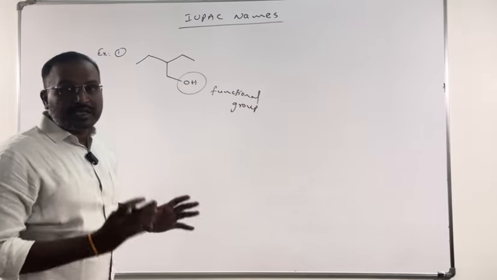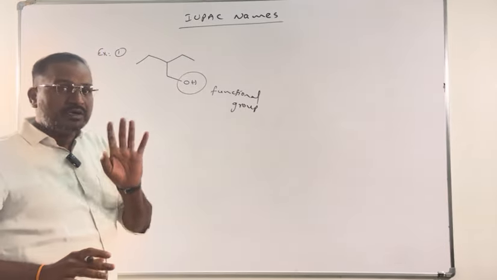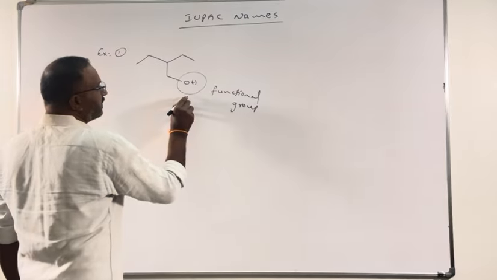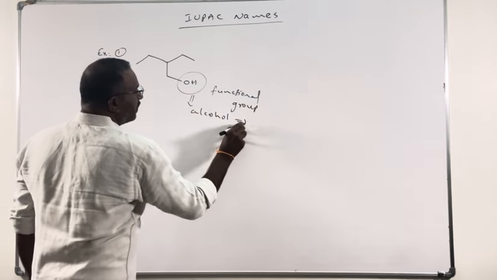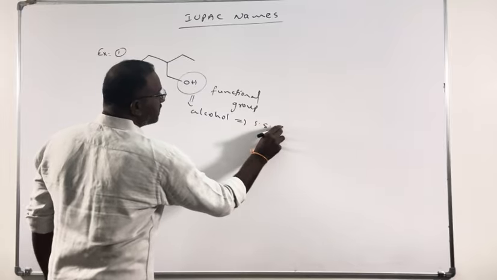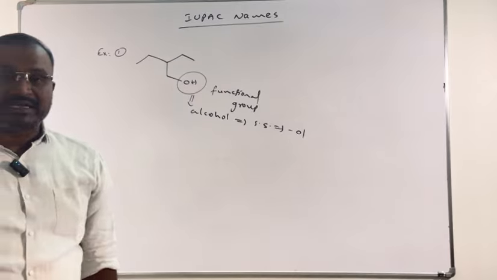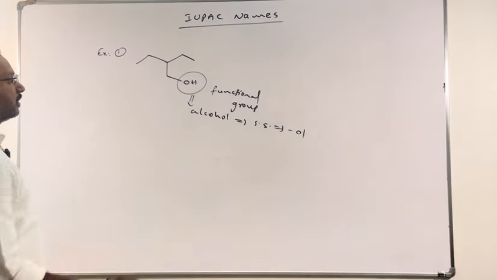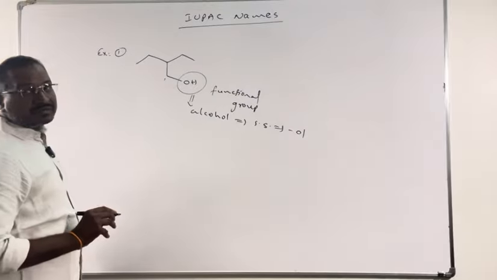So there is no high priority or low priority in the selection of the functional group. Only one functional group is there, the alcohol group. For the alcohol group, the secondary suffix is "ol". Next, numbering should start from the functional group itself.